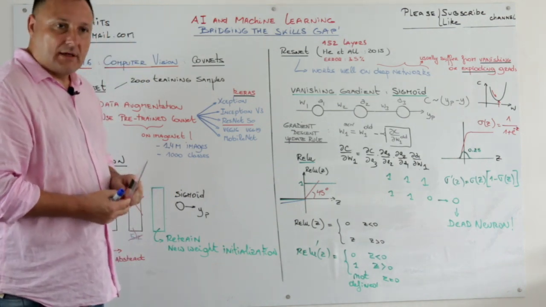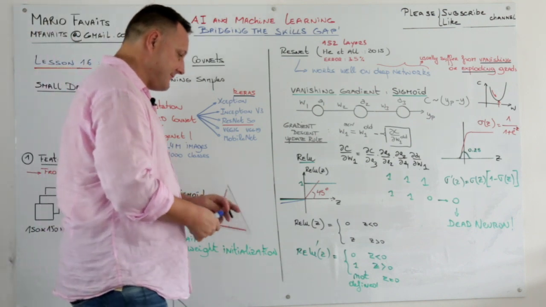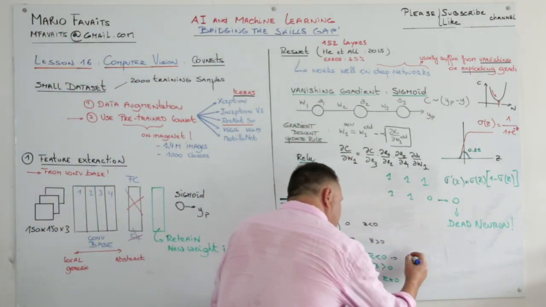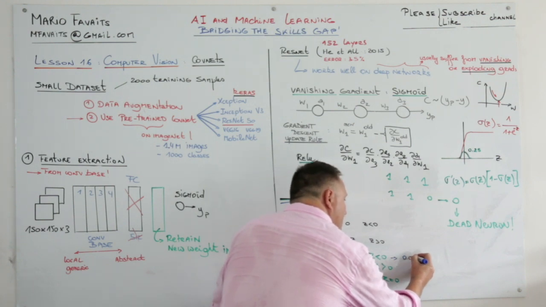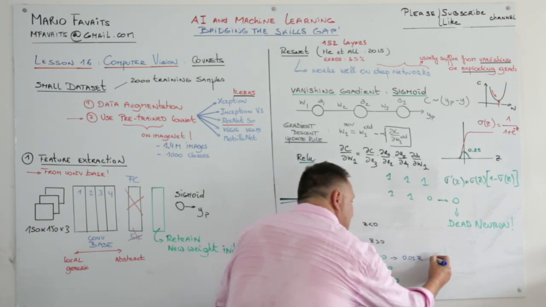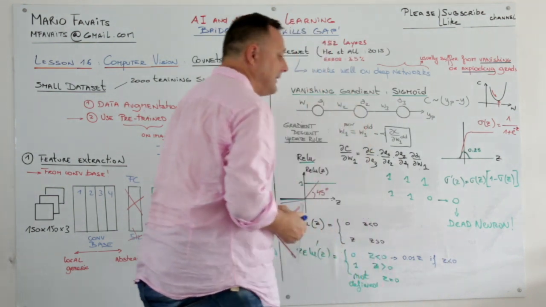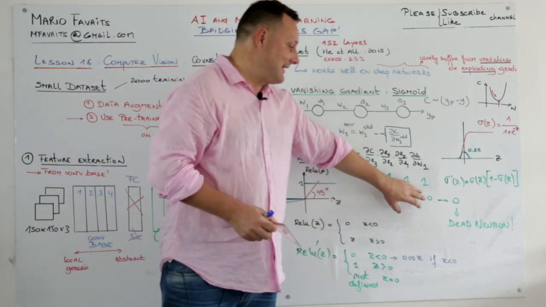Yeah? And in this case, this one will become 0.01 times Z if Z is negative. Yeah? And this is how you avoid getting a 0 here.